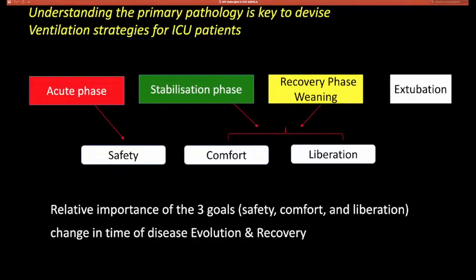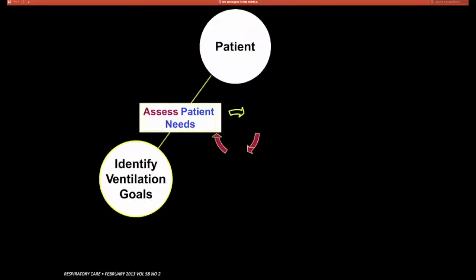The patient might be in a different phase of intermediate syndrome. Then if you try to directly wean him and extubate, it doesn't happen. So understanding the disease and its evolution and recovery and trying to match our mechanical ventilation is a good way of having a good strategy in producing good lung protective mechanical ventilation.